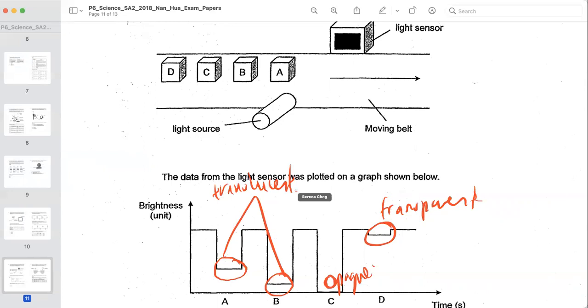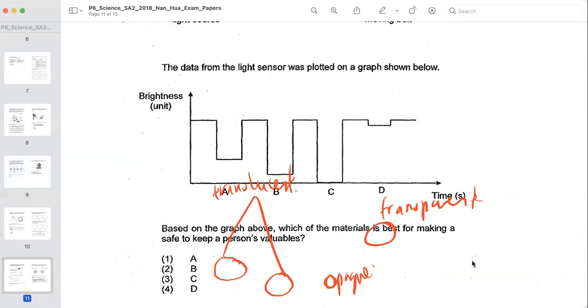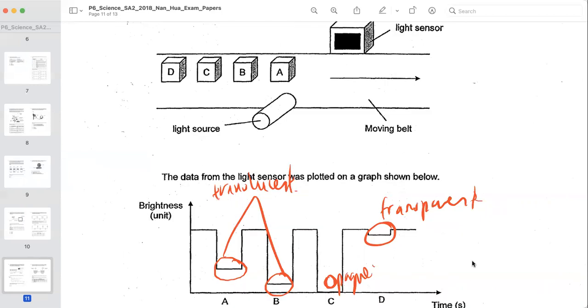So with this in mind, which one is the best for making a safe to keep a person's valuables? You want to use an opaque object to make the safe so that the bad guys cannot look at what's in the safe, right? So it must be opaque. So answer is option 3.